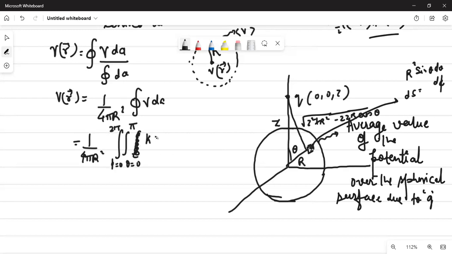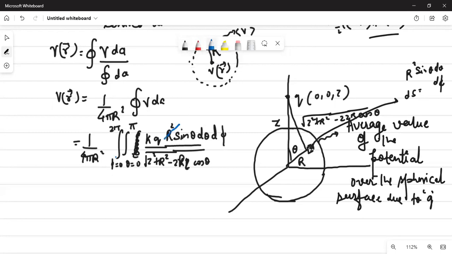It is k q upon distance. Distance is the square root of z squared plus R squared minus 2 R z cosine theta. And then you have R squared, sine theta, d theta, and d phi. And you know this R squared would get cancelled.